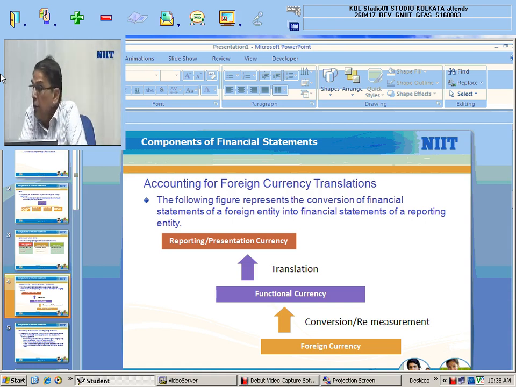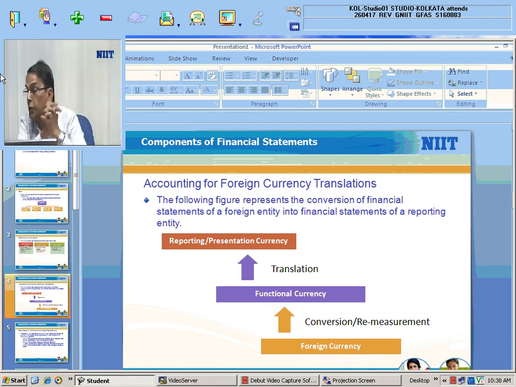The financial statements of the US entity have to be converted into the financial statements of the reporting entity, the Indian parent company, when it presents consolidated financial statements including its own performance and financial position along with the subsidiaries'.